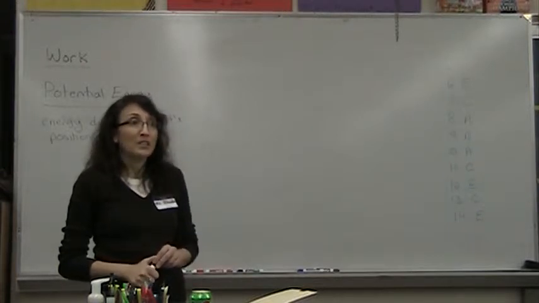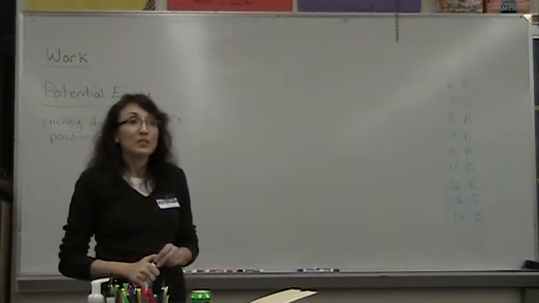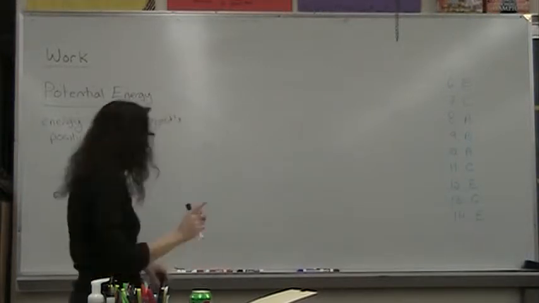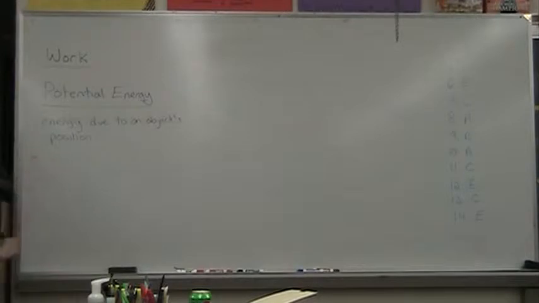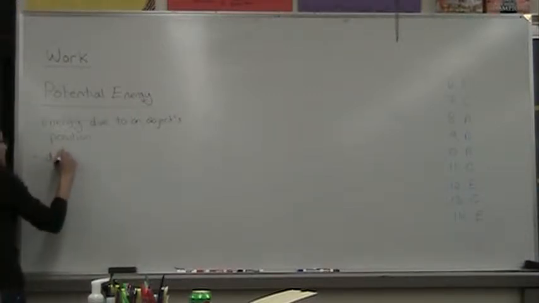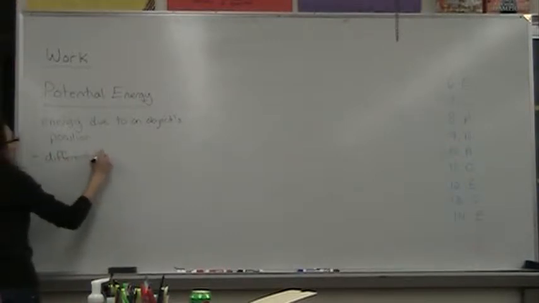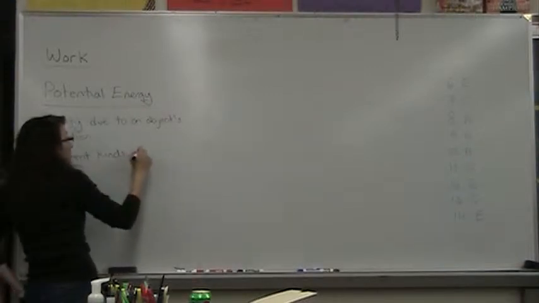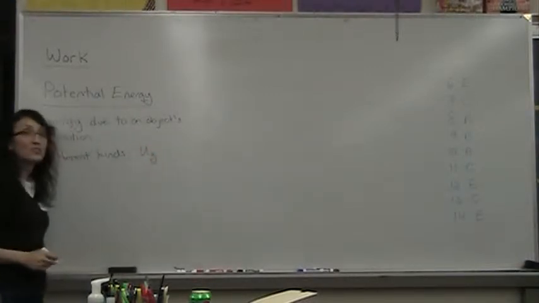Now, if you took Physics 1, you probably learned about a few different kinds of potential energies. Anybody remember? Gravitational potential energy. All right, well, what we're going to find out is that where there's only one kind of kinetic energy, 1/2 mv squared, there are many different kinds of potential energy. The ones that you normally see within the mechanics part of AP Physics are potential energy due to gravity.